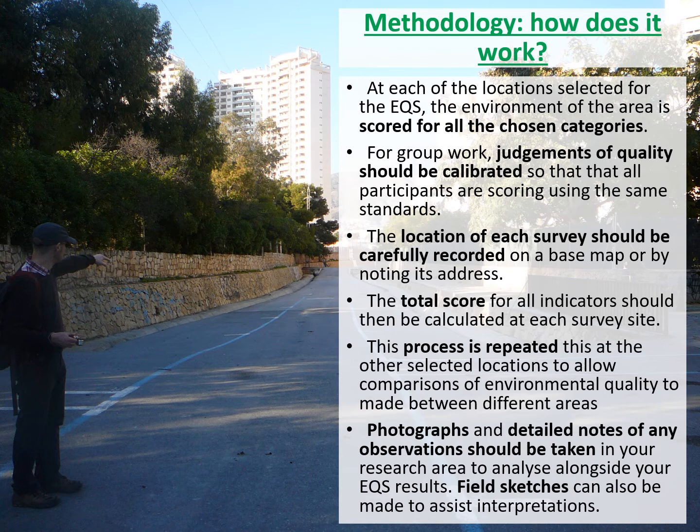And sometimes when people rush in and dive straight into an environmental quality survey without really getting their eye in, really looking at the environment, you can miss things, and that will affect the quality of your survey. It will reduce the accuracy of your survey because you might miss important things that could affect the level of scoring that you would assign to a particular characteristic. So doing a field sketch at the start is a really useful way to get your eye in, to get you into the zone, if you like.